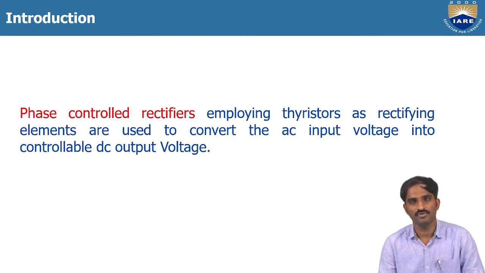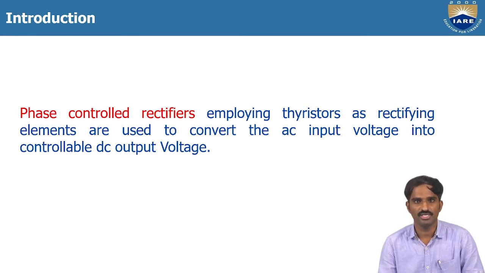So the phase controlled rectifier is used to convert the AC input, which is a fixed voltage, into a controllable DC output voltage. The output DC voltage can be controlled. That is the phase controlled rectifier. Of course, the rectifying elements we are using here are thyristors.